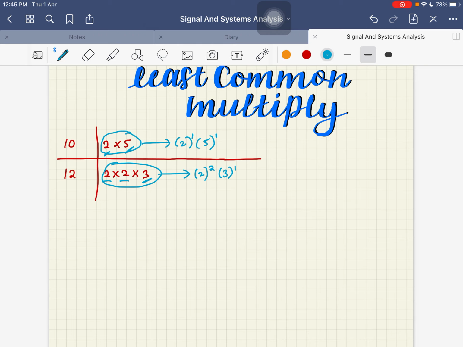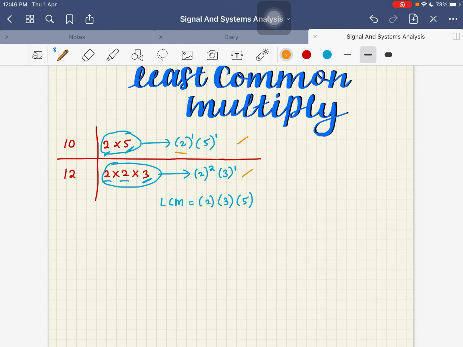So to calculate the least common multiple for these two numbers, we take the prime numbers, which in this case are 2, 3, and 5, and then we write them in terms of their highest frequency. Number 2 appears in the first number and also in the second number.